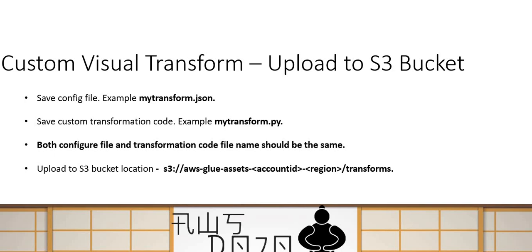Create this transform folder in this bucket, and then upload these two files over there, and that's it. Your custom code is ready. Keep in mind that you have to replace this account ID with your AWS account ID, and this region with the region code, like eu-west-1 or things like that.